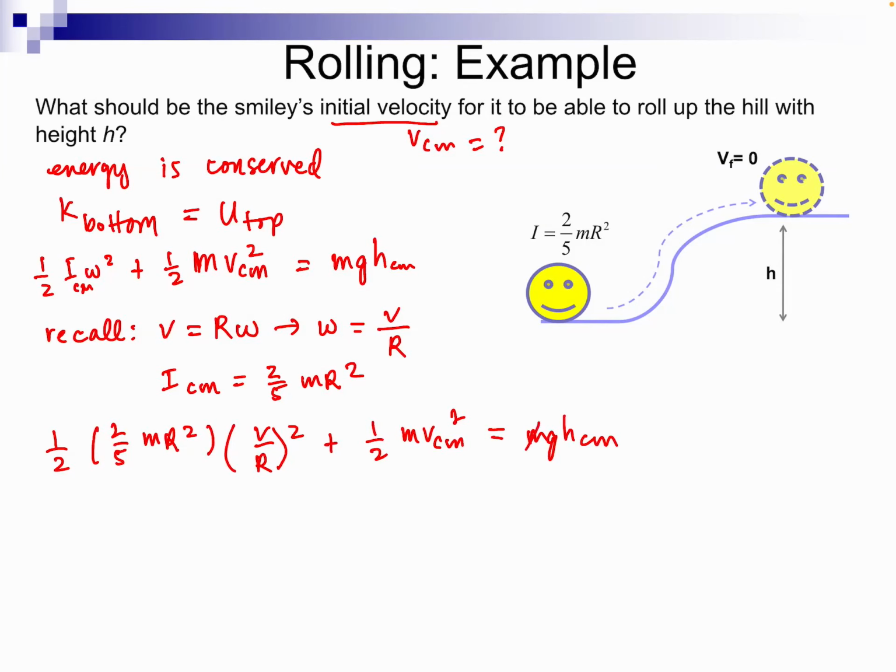The mass will cancel out, of course, since it appears everywhere. The radius will cancel out for this case. What else? The 2 here will cancel out. Then we can rearrange everything, and you have 1/5 v squared plus 1/2 v squared equal to gh.